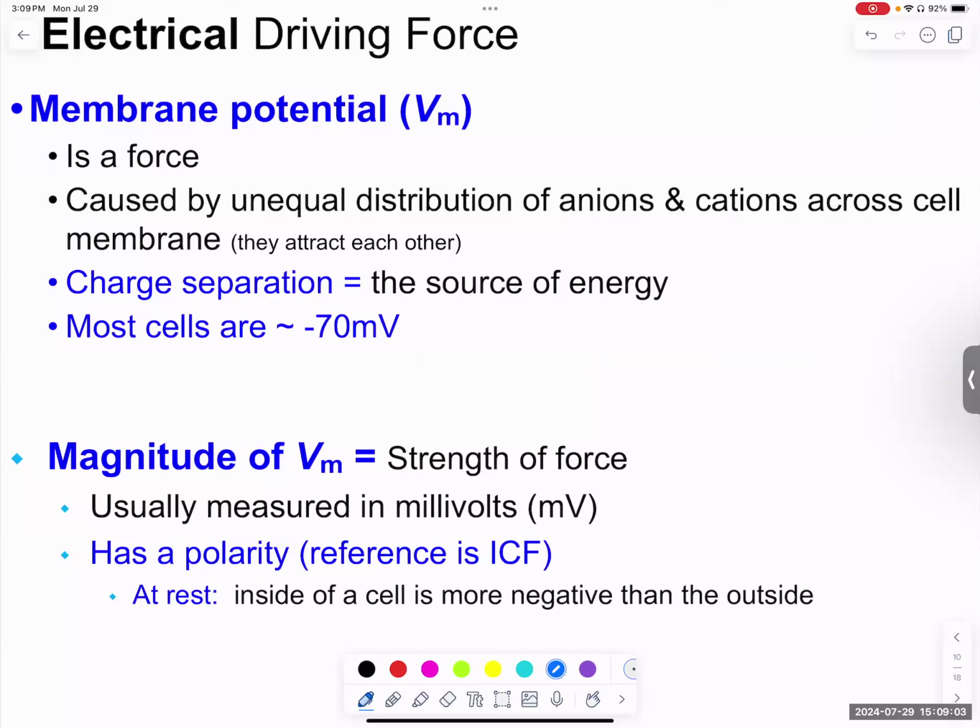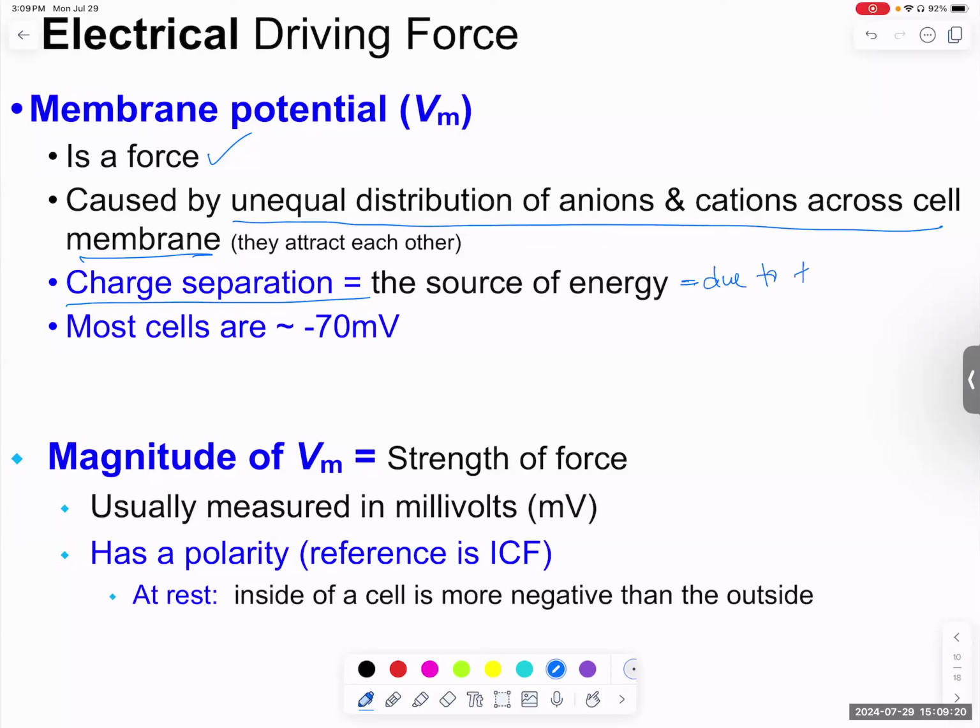So membrane potentials, that they are a force. They're caused by the unequal distribution of anions and cations across the cell membrane. There's a charge separation, which is the source of energy due to the membrane maintaining separation of charges.